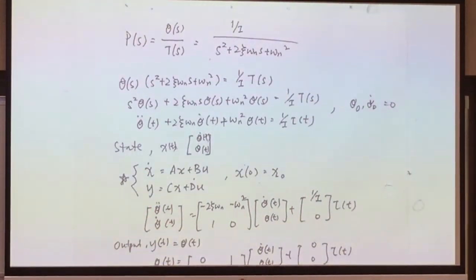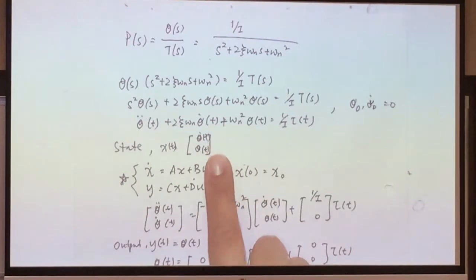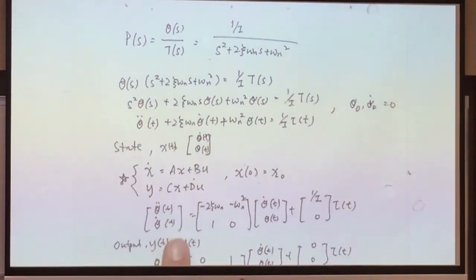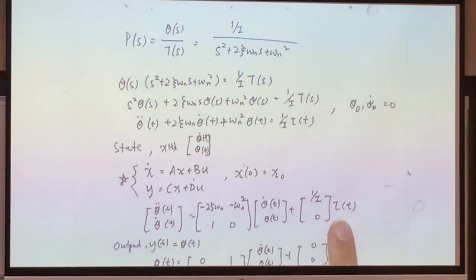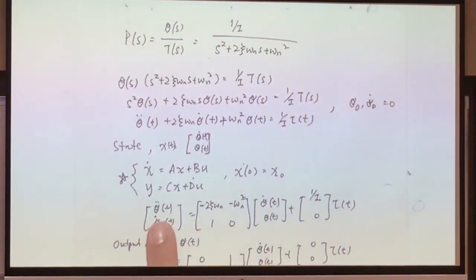We already defined that x is [theta dot, theta]. So x dot is [theta double dot, theta dot]. So x dot equals A x, which is [theta dot, theta], plus B u. U is just tau. Next, what is theta double dot?